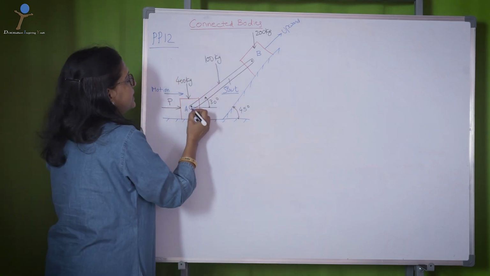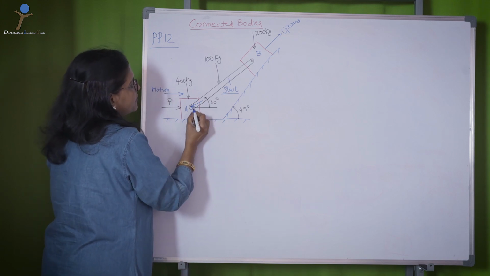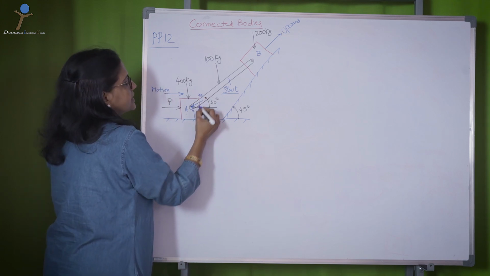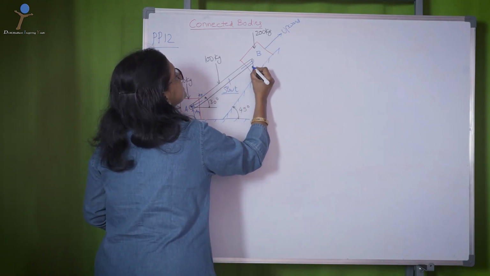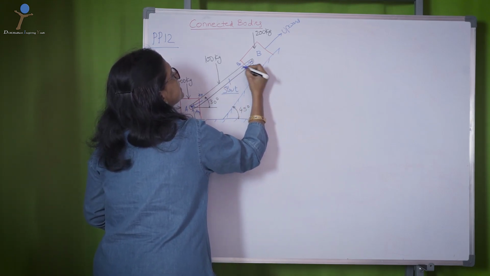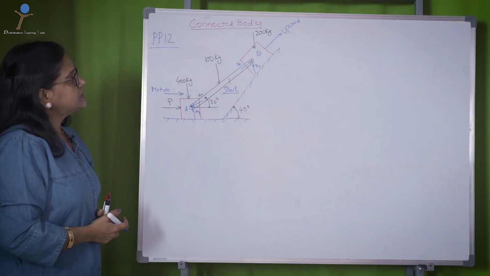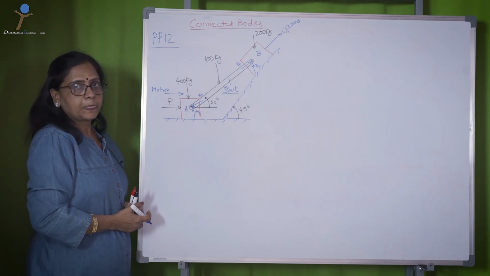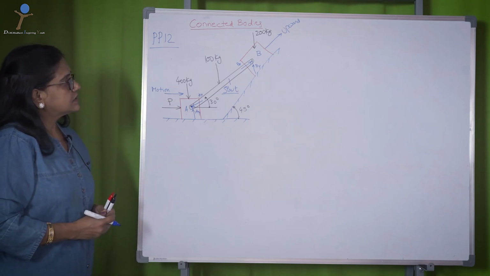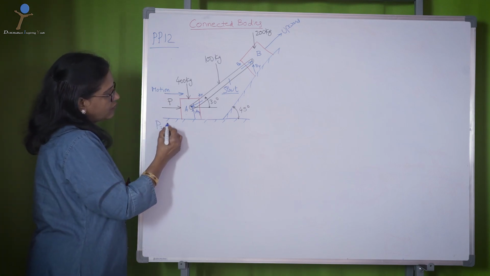Then the pins here will have reactions AX, AY, and here BX and BY. These are the reaction forces that are occurring on the pins. So let us solve this problem for the value of P.